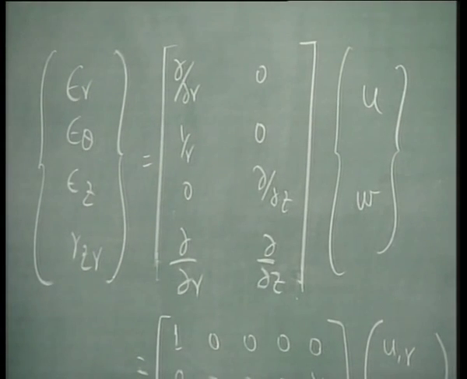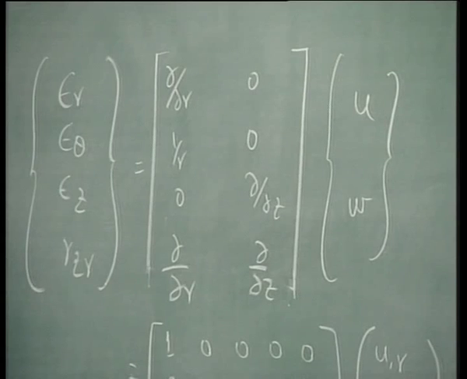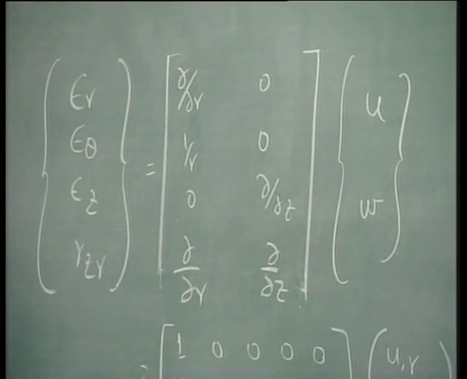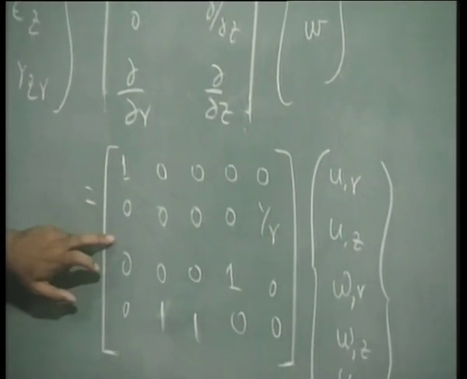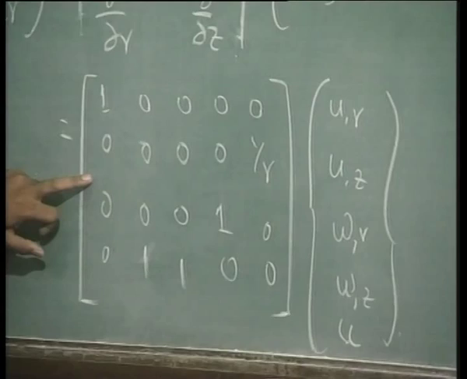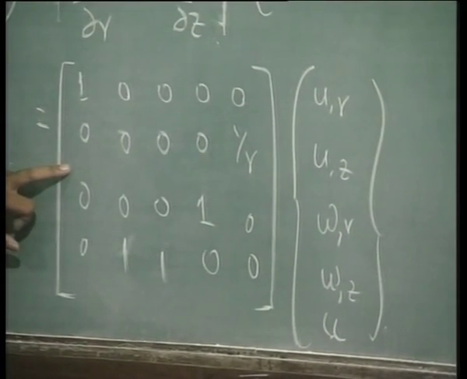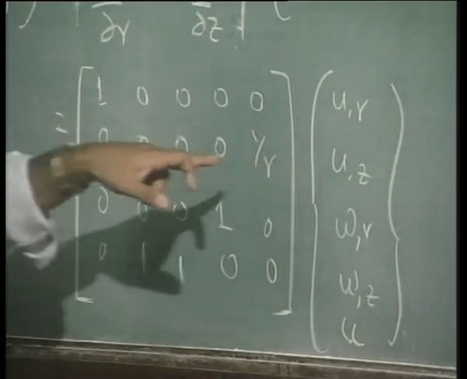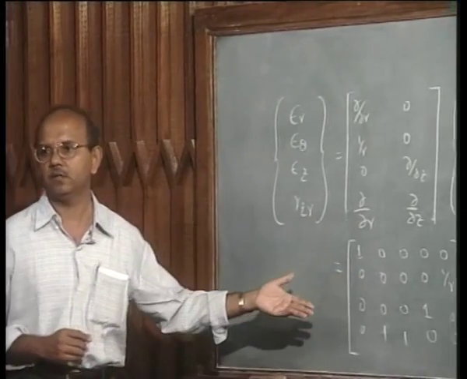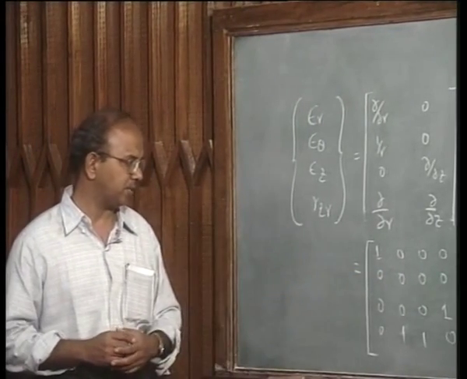What I want to just point out is that there is a small change when you go to the axisymmetric element with respect to this ones and zeros matrix. You remember that we had called this matrix what? H matrix, right? We had a ones and zeros matrix, one of the earlier matrices that we had seen.